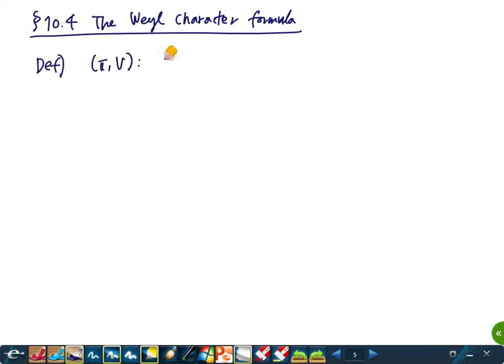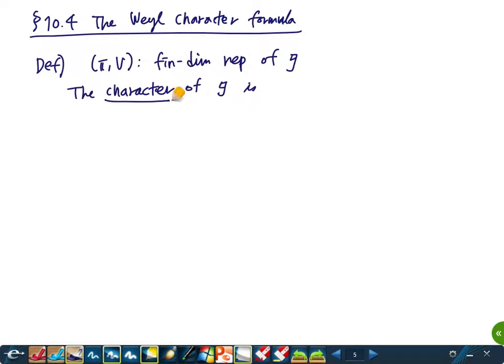Suppose that we have a finite dimensional representation, not necessarily irreducible, of G. The character of G is just a function.